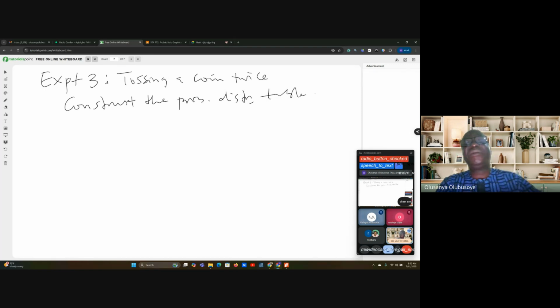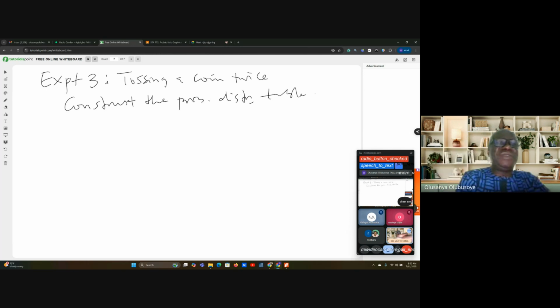So what you want is a table that will be able to show all possible outcomes, to show the probability associated with all possible outcomes, and show that the total probability is equal to 1.